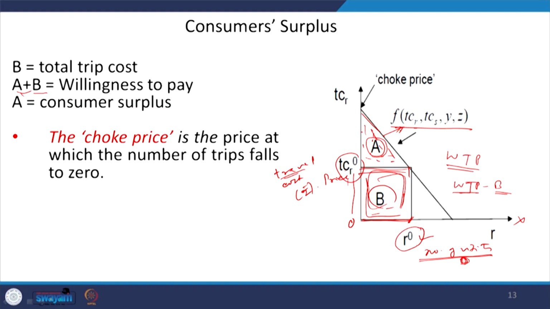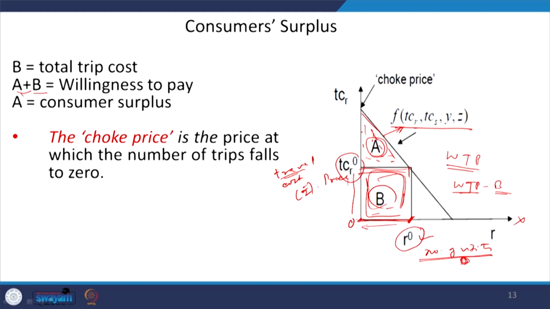Now, you can understand what the choke price is here. So, what is the choke price? The price at which the number of trips will be reduced to 0. So, we are talking about this R0 number of trips. When this R0 number of trips is reduced to 0, that will be falling back.